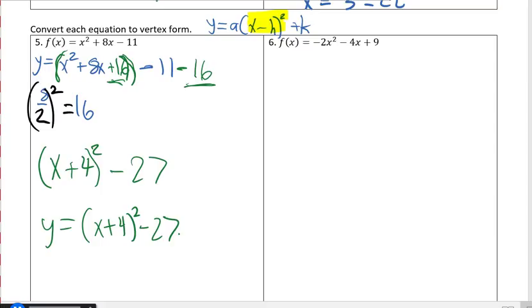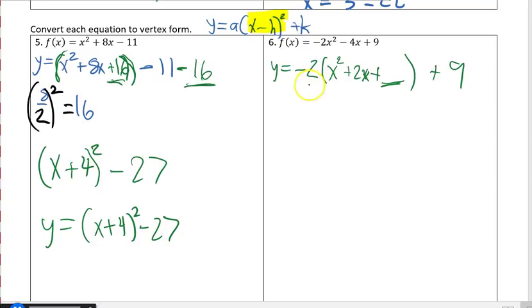Okay, and then last example. Now this one's a little bit weird because we have a negative 2x squared, and we're not allowed to divide it out. But I can factor out negative 2. So I have negative 2 times 1x squared plus 2x. And then I'm going to leave a space there, and I'm going to leave my plus 9 alone.